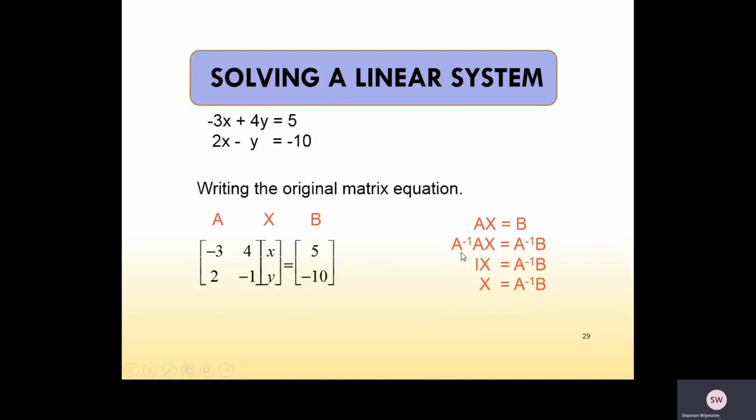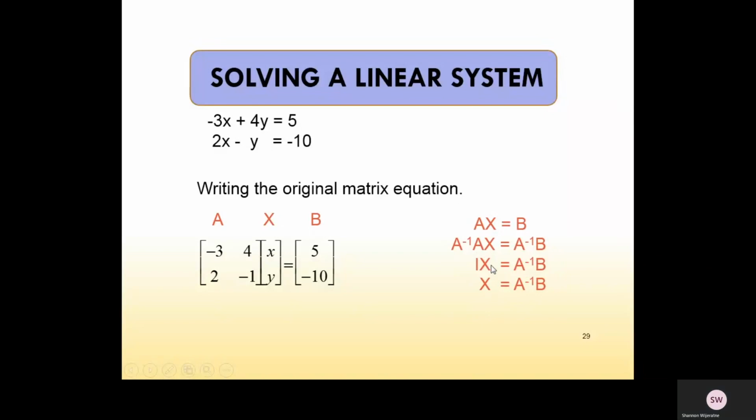Coming back to the left-hand side, when we multiply a matrix by its inverse matrix, it is always equal to the identity matrix, regardless of the dimension of this matrix A. For any square matrix, if you multiply it by its inverse, it is always equal to the identity matrix. So here we get a 2 by 2 identity matrix. Identity matrix into X equals A inverse B, and when we multiply a matrix by the identity matrix, again it gives you the same matrix.